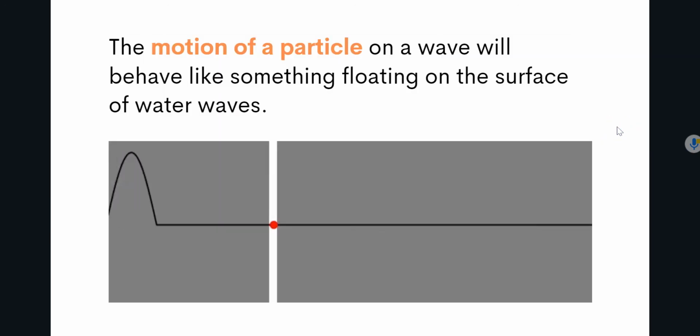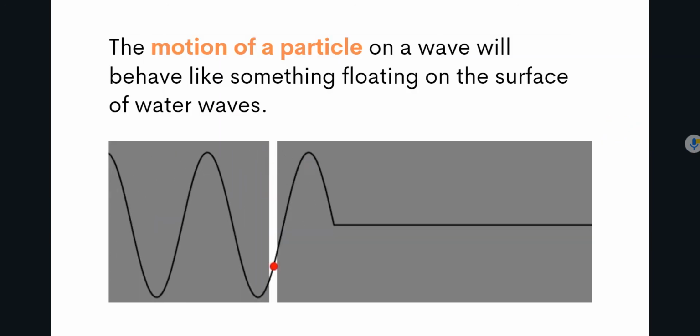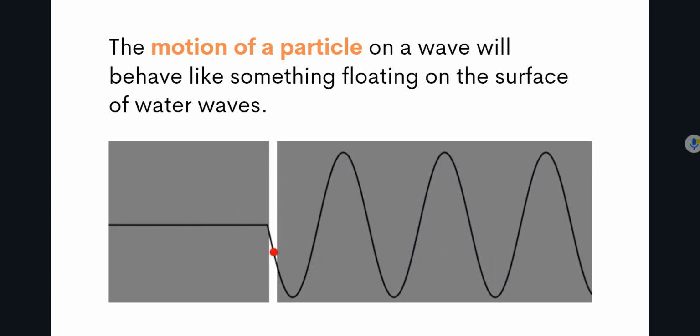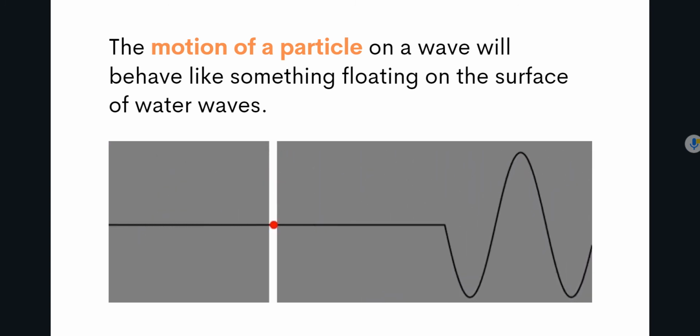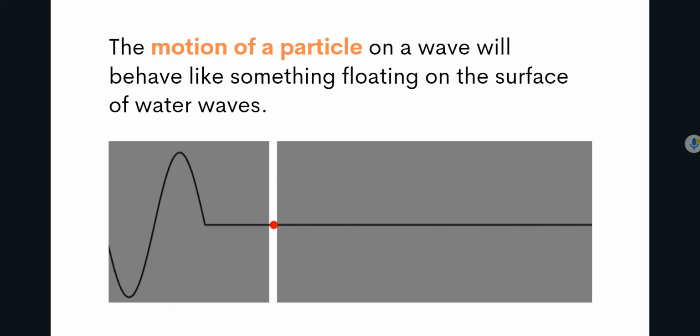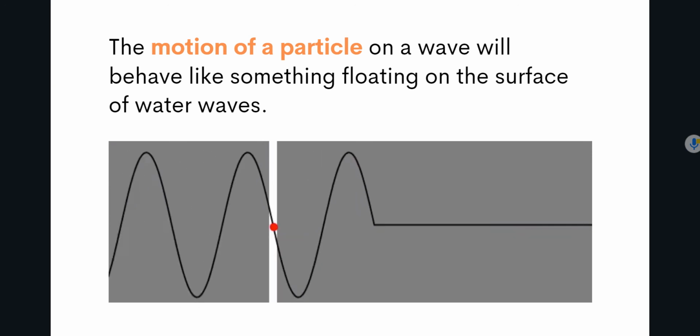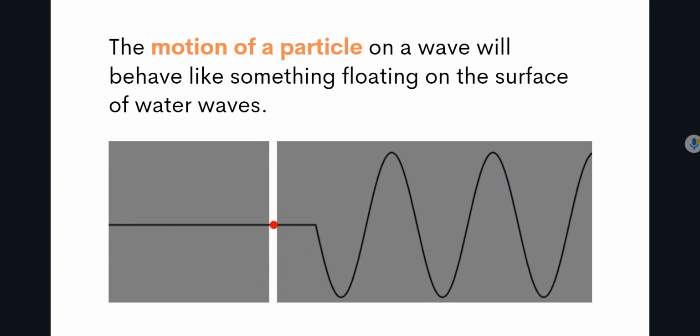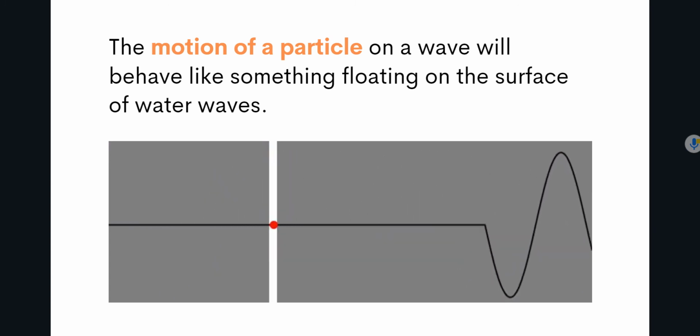Let's turn the page. A particle on a wave will behave like something floating on the surface of water. So again, I can't pause this, but let's say we have a red cork floating on the water and a wave comes. Your job is to be able to predict what that little red dot would do as a wave approaches it.